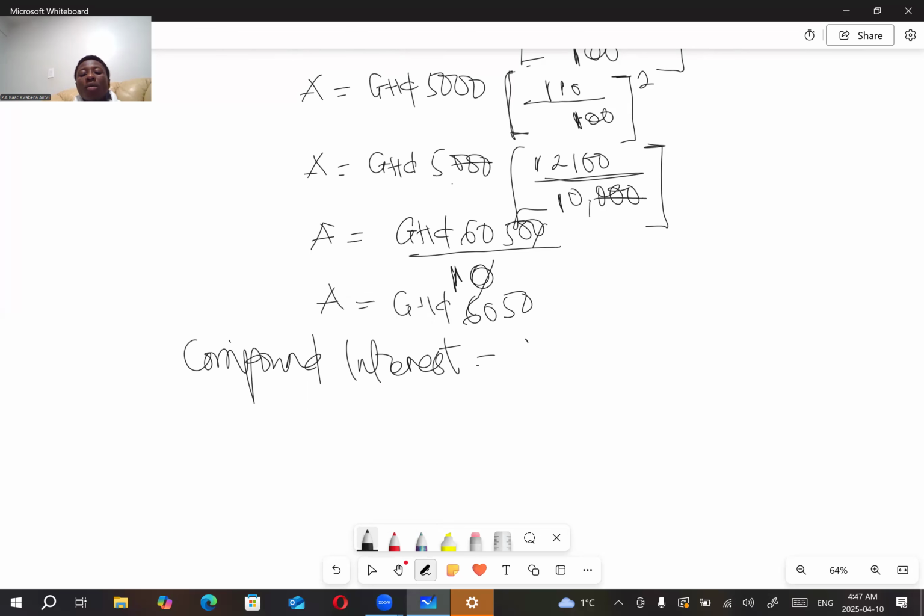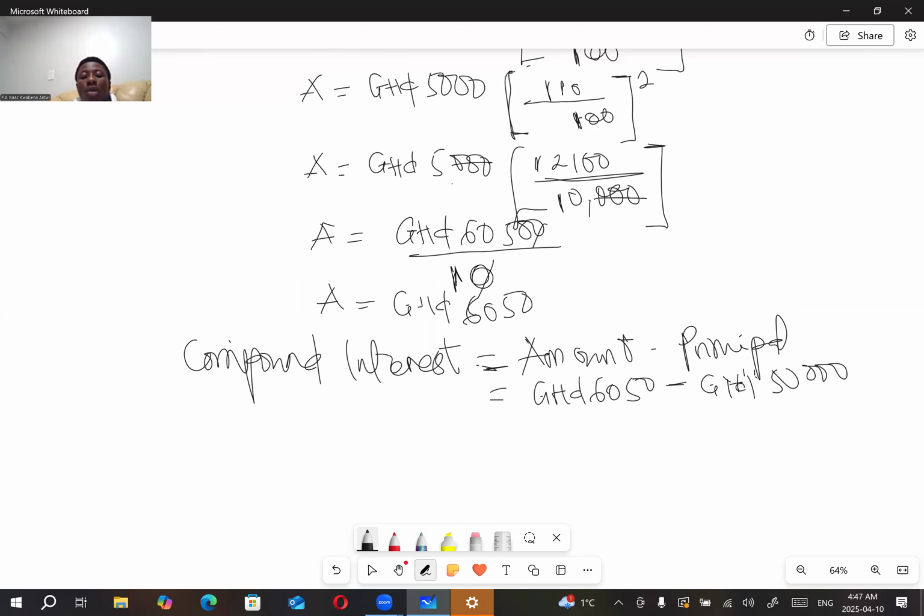The amount. You have to state the formula first. Amount minus principal. So amount will be 6,050, right? Minus the money this guy took to the bank in itself was 5,000. Yeah.